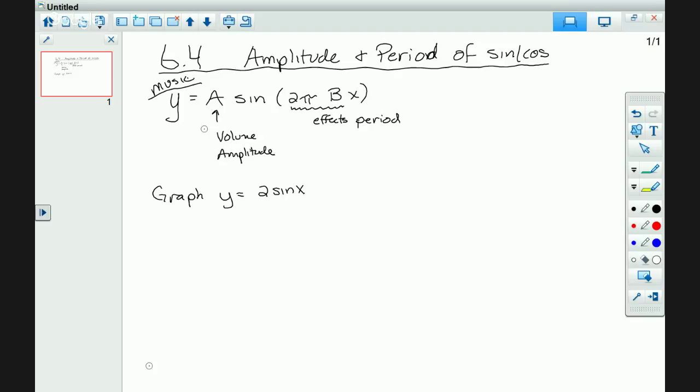So I'll show you an amplitude change. The amplitude is 2.